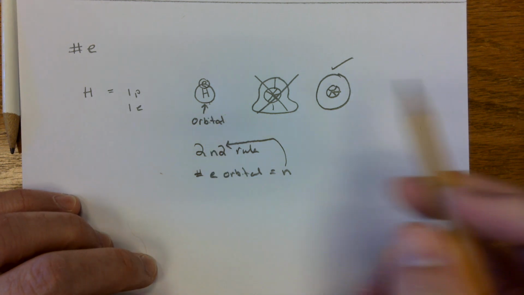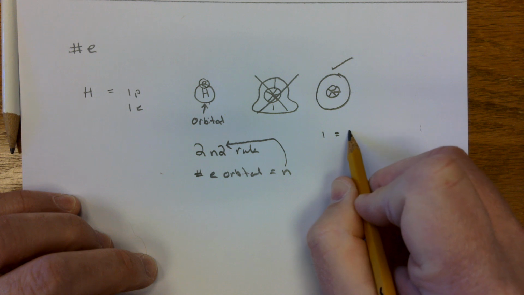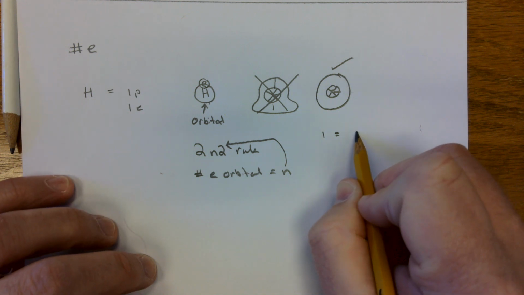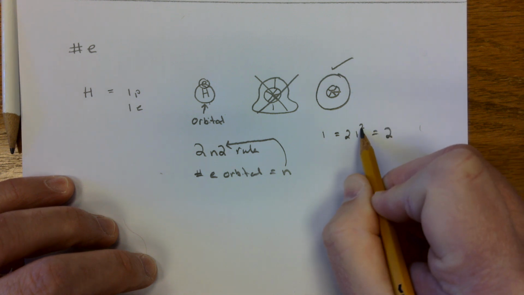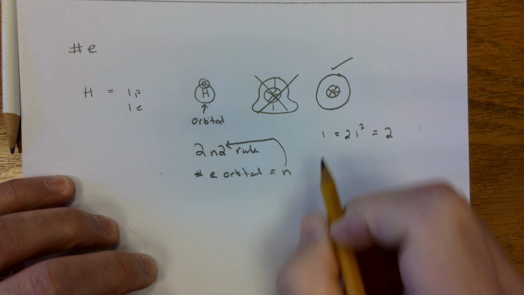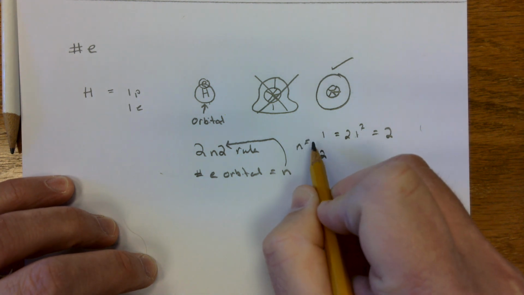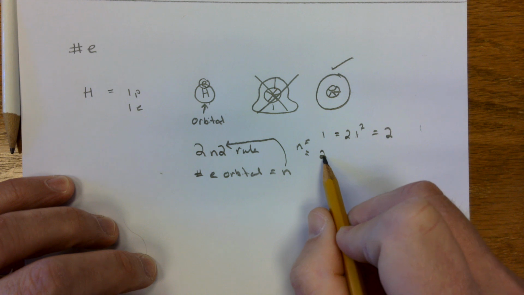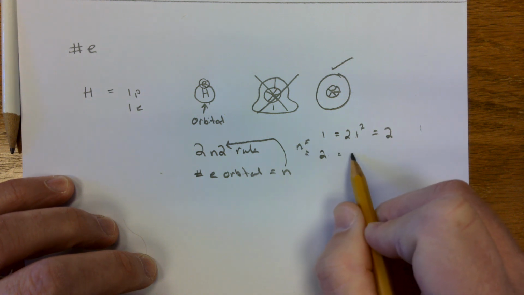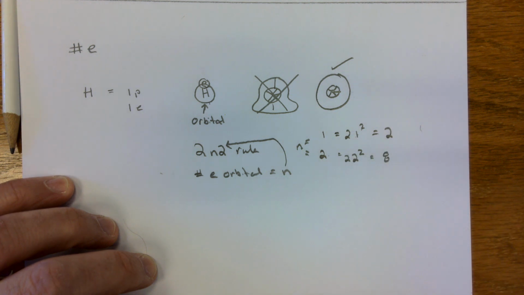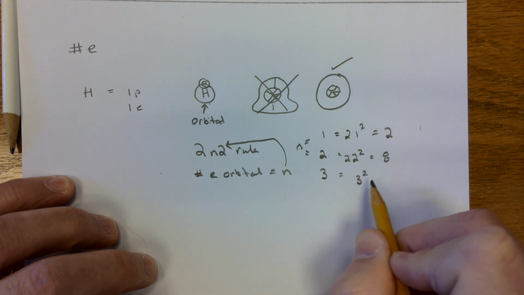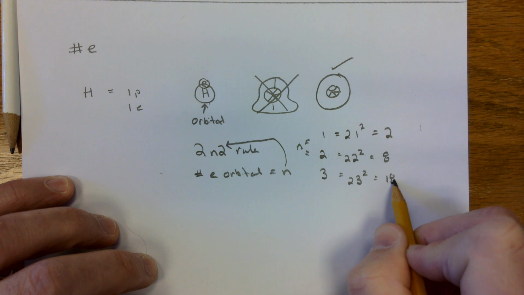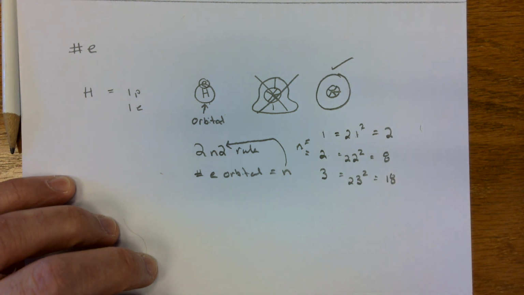So if it's in the first electron orbital, we're going to get the ability to hold 1 squared times 2 equals 2, because 1 squared is 1 times 2 is 2. If it's n equals 2, then we're going to have 2 squared is 4 times 2 equals 8. We'll do it one more time. 3 squared is 9 times 2 equals 18. All right, hopefully you're following there.